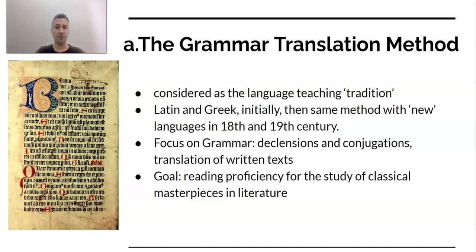In the case of the grammar translation method, it is considered a tradition because it was focused on grammar and on Latin and Greek language. The goal was to be proficient in reading for the study of classical masterpieces in literature.